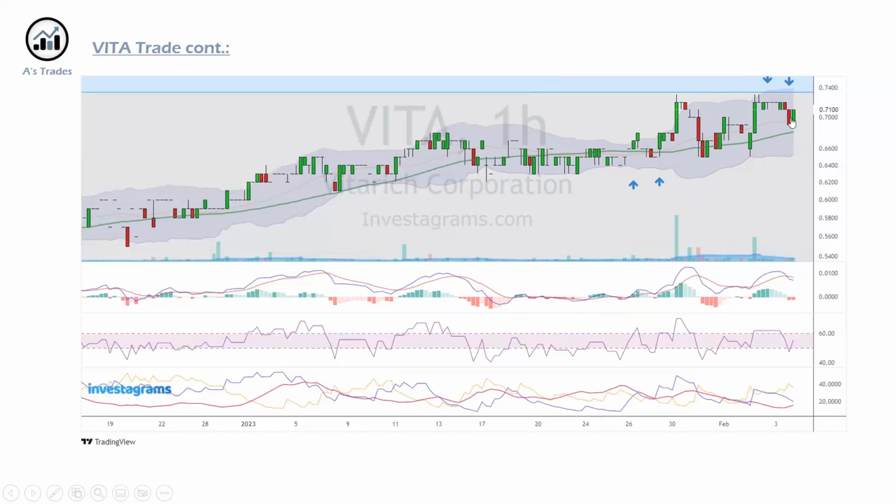I didn't sell on these red candles right here for the same reason as the APX trade, because this is the day the overall market was on a sell-off. Fortunately, the price of this stock bounced off the MA50, so the trend is still intact, and the price went according to plan.